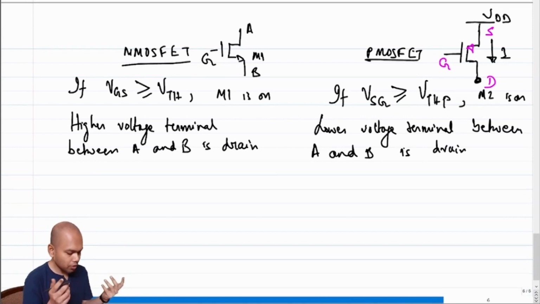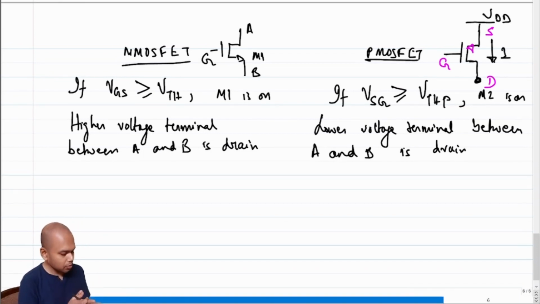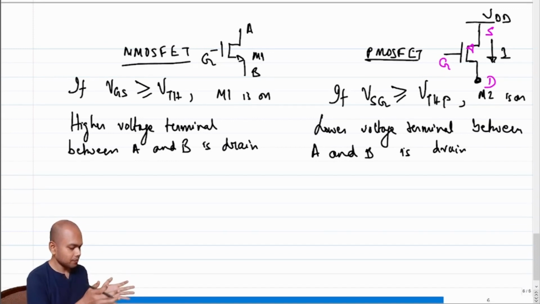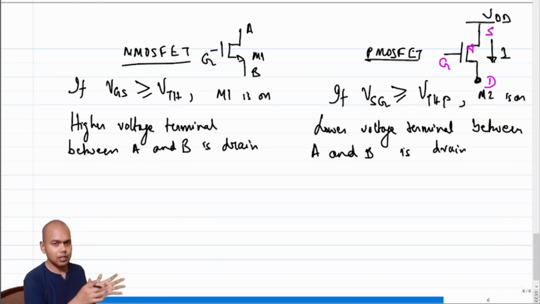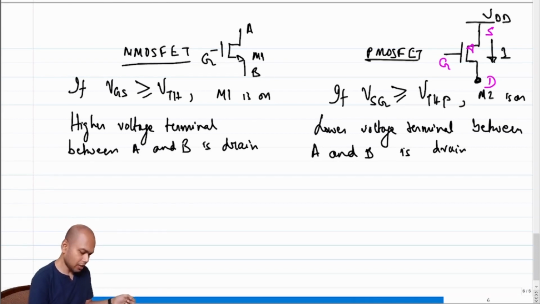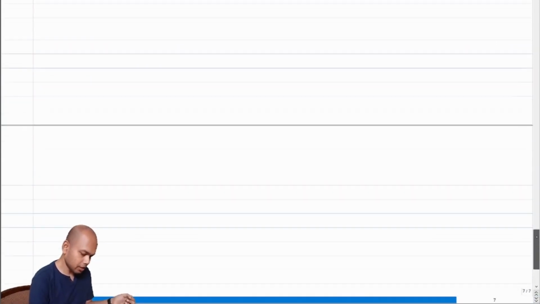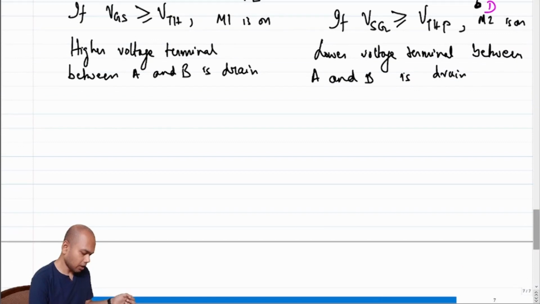Similarly, without deriving everything from scratch, we will take the equations of the NMOSFET and modify them to make a p-MOSFET equation. So let's write out the equations for the NMOSFET.